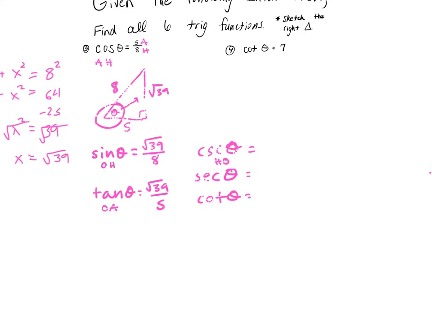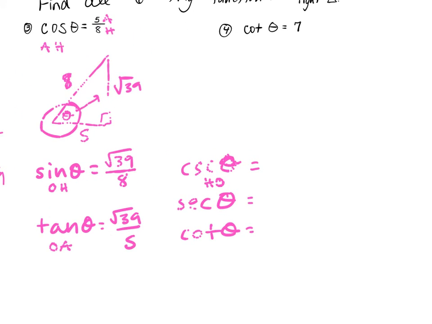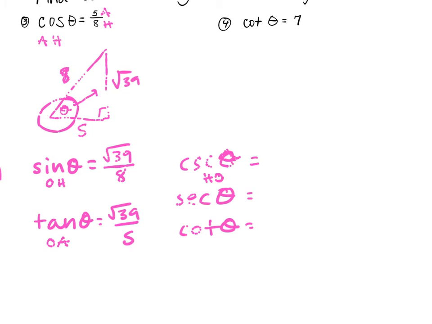We need to multiply the top and the bottom by square root 39 to get rid of our square root in the denominator. So this would be 8 times square root 39 over 39.